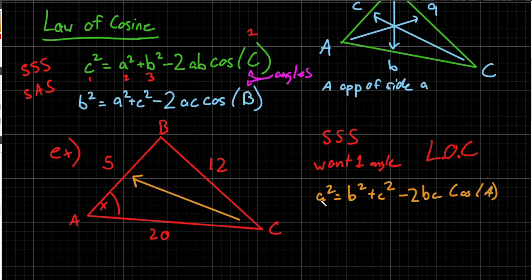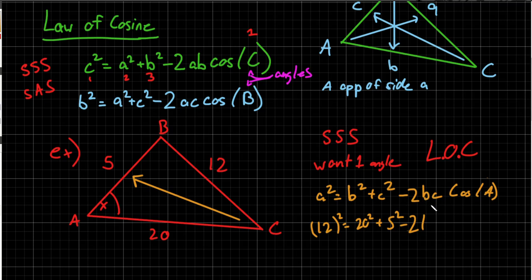So Angel, what is A? 12 squared. What is B? 20. What's C? 5. Minus 2. Lana, what's B?